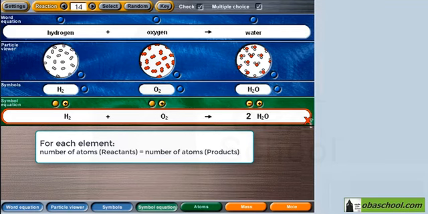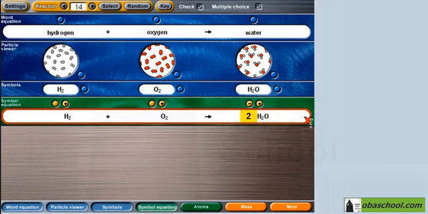We can add 2 next to H2O. This means that we have 2 H2O molecules and therefore 2 oxygen atoms. So now we have 2 oxygen atoms in the reactants and 2 oxygen atoms in the products. But let's count again.